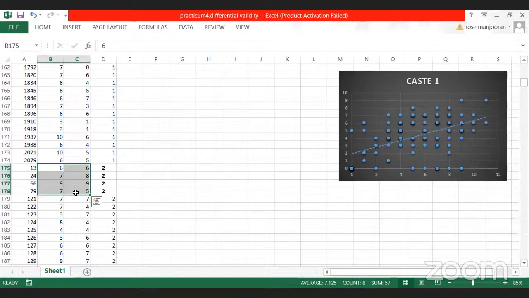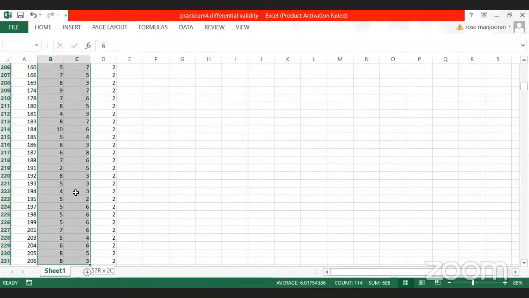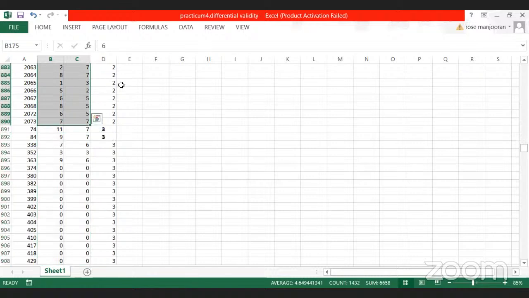Then I'll select from caste 2, till here.